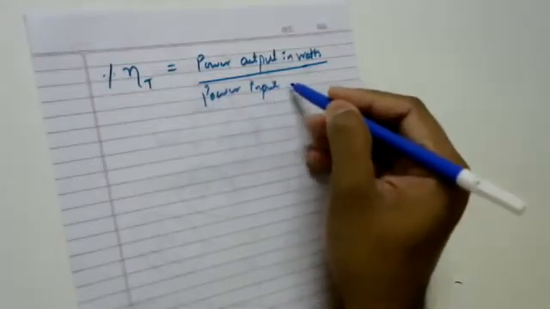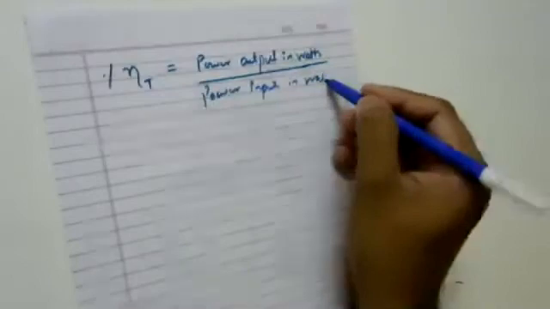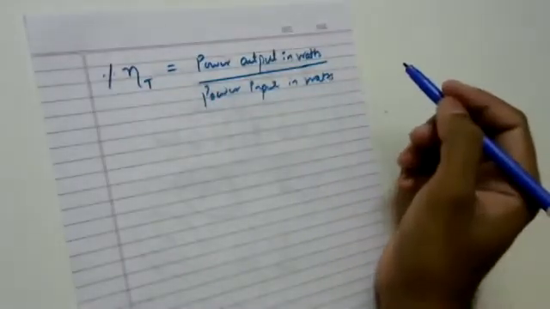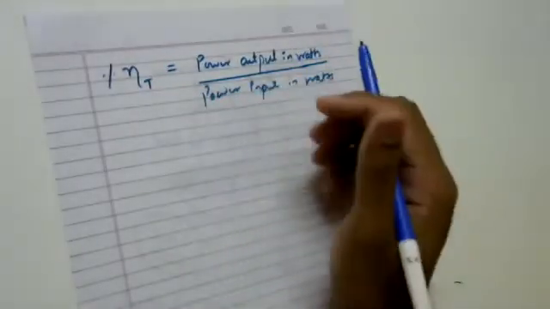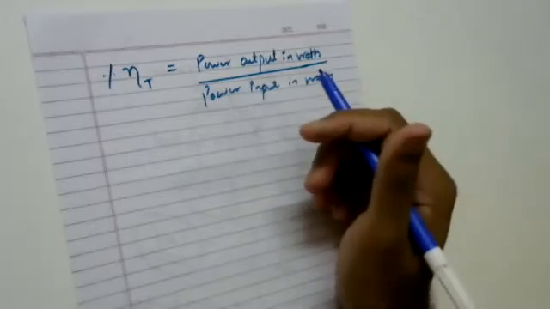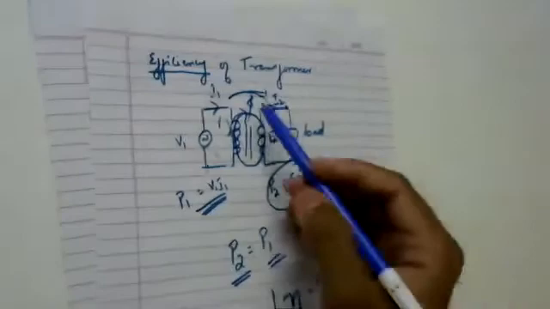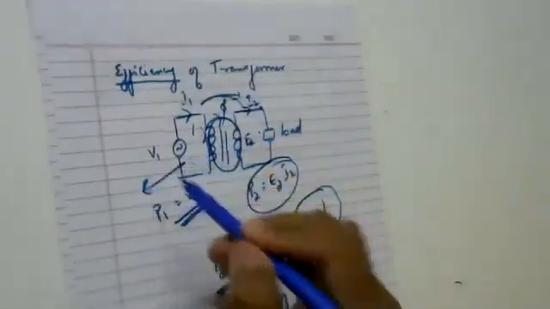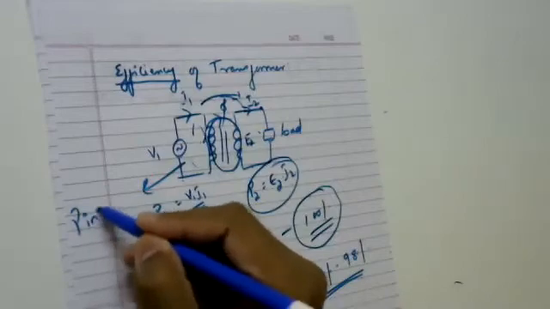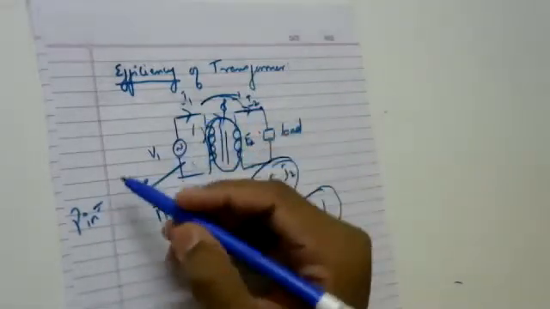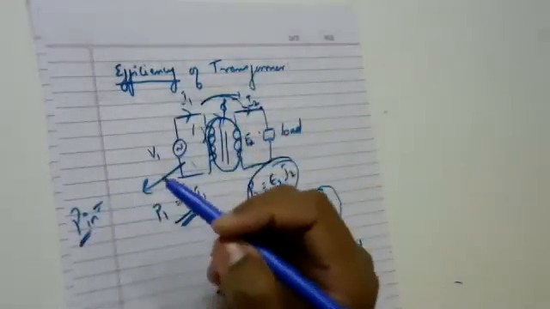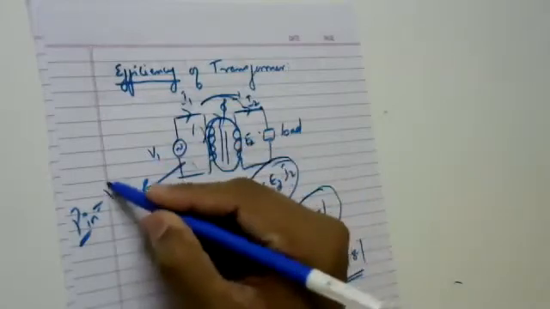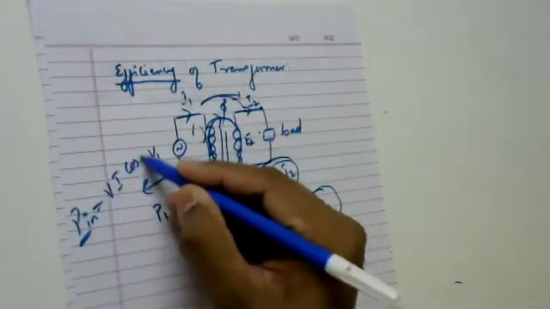Now I need to identify the input power. If I want the equation for P in, the input power, then since I know that power in an AC circuit is defined as VI cos phi.